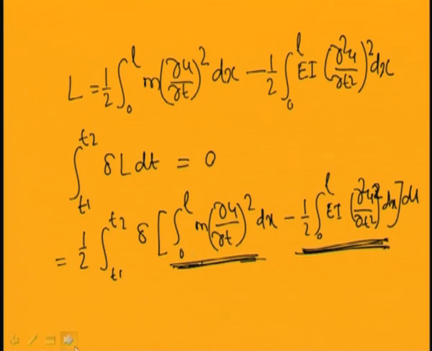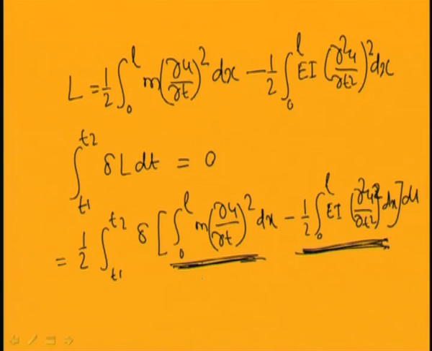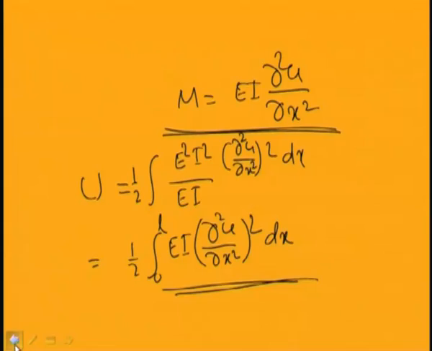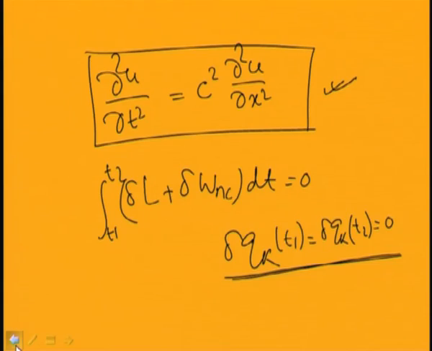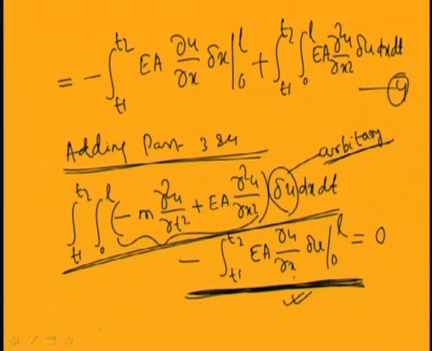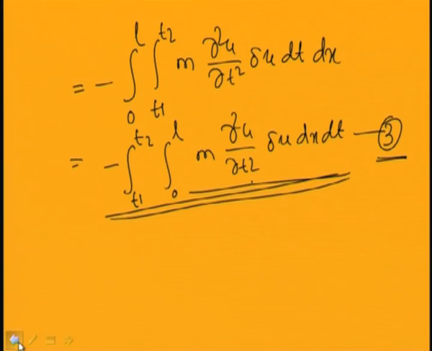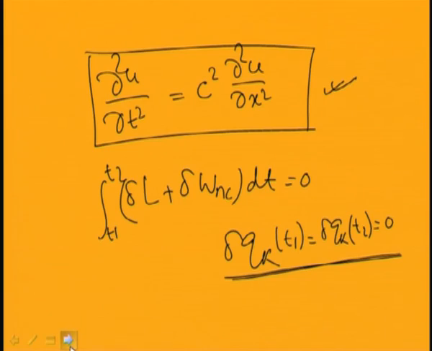The first part can be noted from expression number 3. So, the first part can be written like this, first part equal to minus integral T1 to T2, 0 to L, m del squared u by del t squared del u dx dt.